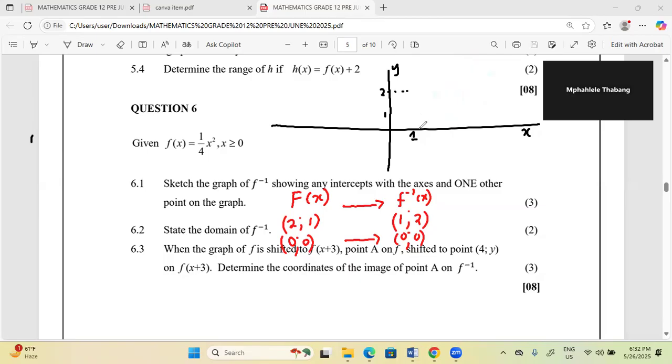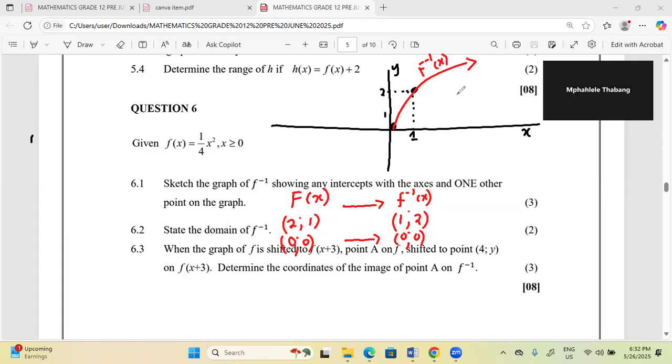I have a point on the graph of the inverse of f. It's 1 and 2. Another point, it's 0 and 0. It's here. So what is the graph of the inverse? If I connect all the points, it's going to be like this. So this is the graph of the inverse of f.